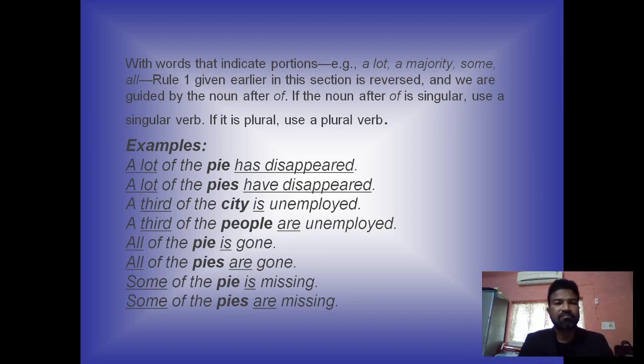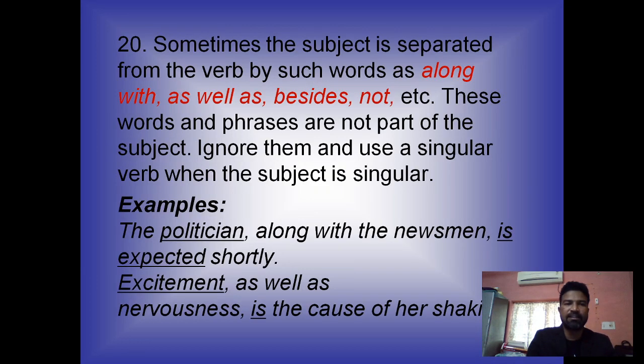Remember, words that indicate portions or part of it, like a lot, a majority, some, all of, a third, this kind of thing, the verb depends upon the object. If the object is singular, it takes a singular verb. If the object is plural, it takes a plural verb. If you guys are clear with this, let's move on to the next statement.